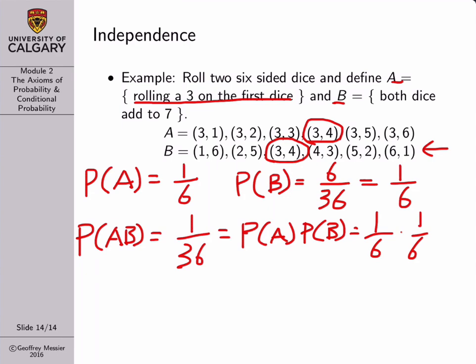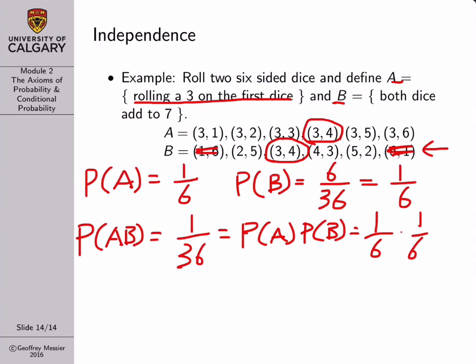Now, you can say, well, wait a minute, it doesn't seem like they should be independent, because if A occurs, we've reduced our universal set such that some of the outcomes that satisfy B have been excluded, right? So if A occurs, we can no longer have this outcome, we can no longer have this outcome, and so on.